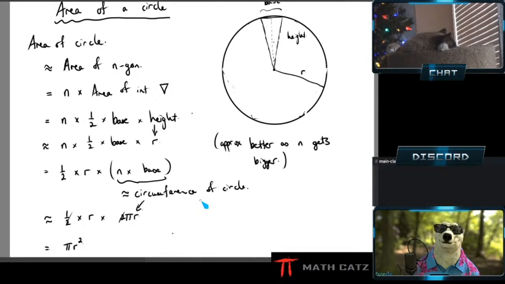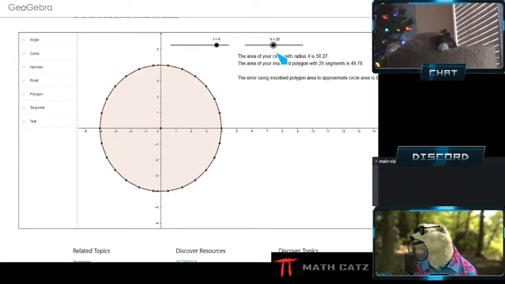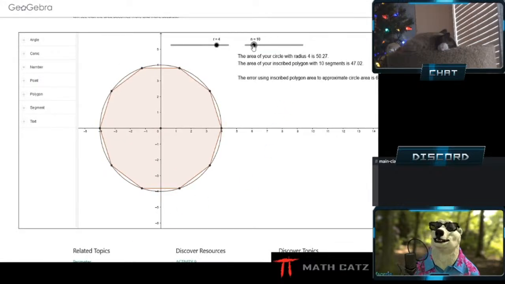Now this argument might seem a little casual, and oh, I'm just making approximations. How could that be correct? It's correct in this extreme limit case as n gets infinitely large. It approaches the actual area. But in the meantime, like this shows, there's always an error.